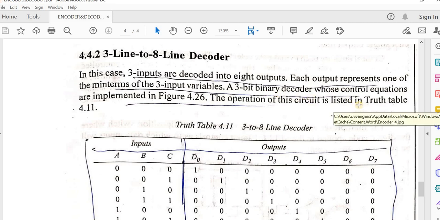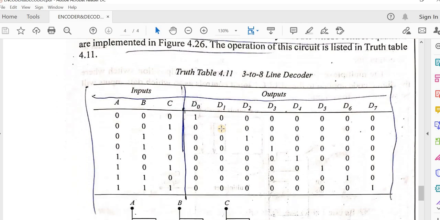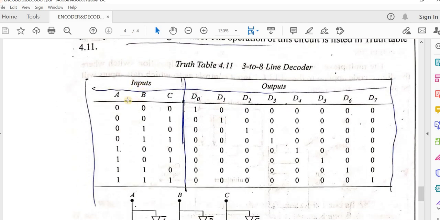This is a 3-bit binary decoder whose control equations are implemented in figure 4.26, and the operation of this circuit is listed in this truth table. You can see the truth table. These 3 are the inputs and these 8 are the outputs. Only one output is active at a time.